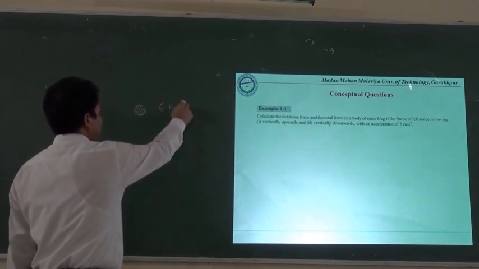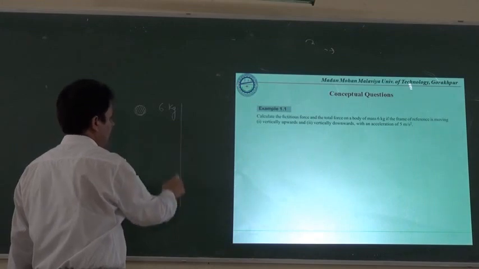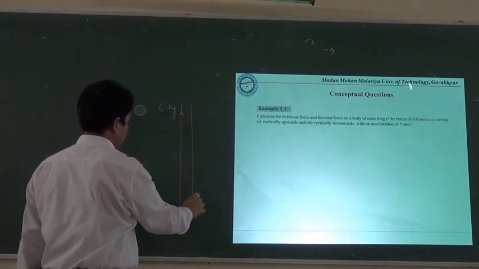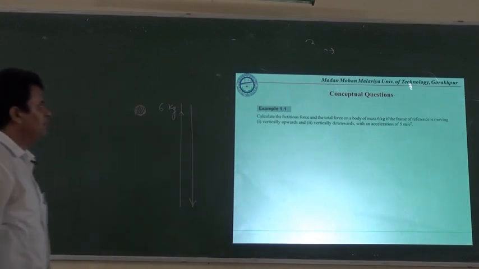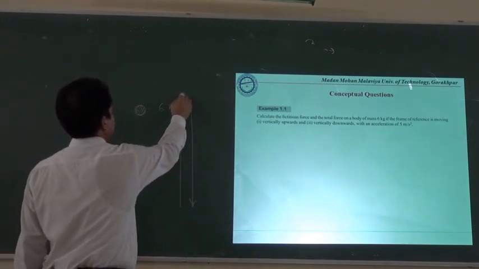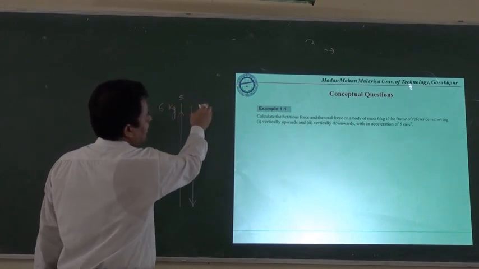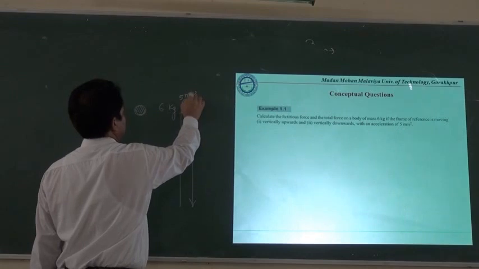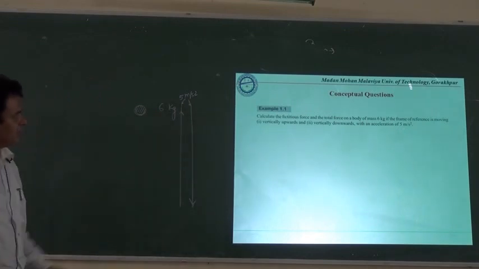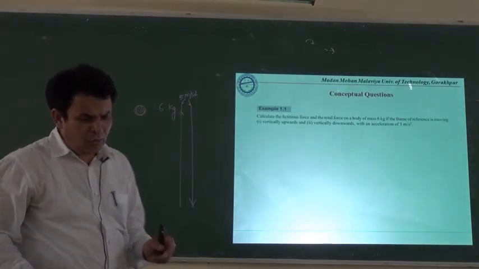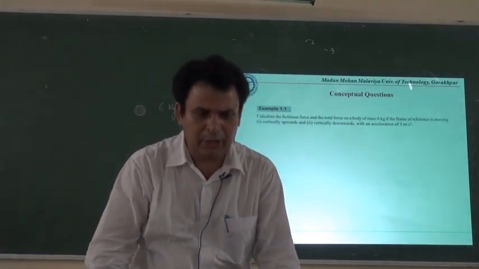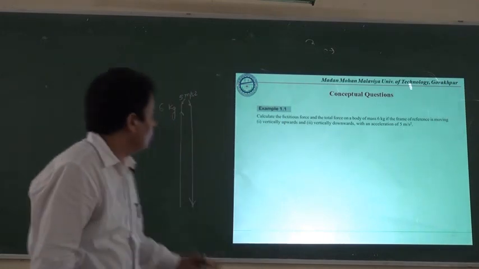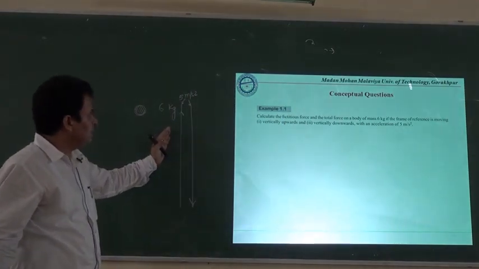One frame of reference is moving in the vertically upward direction and the other in the vertically downward direction, and both have an acceleration of 5 meters per second squared. So first let us calculate the force acting on the body when there is no frame of reference.